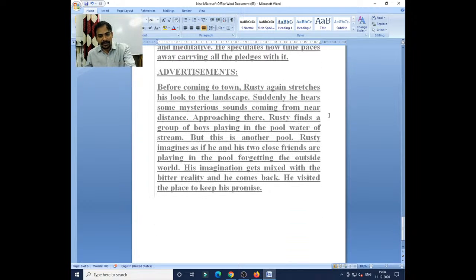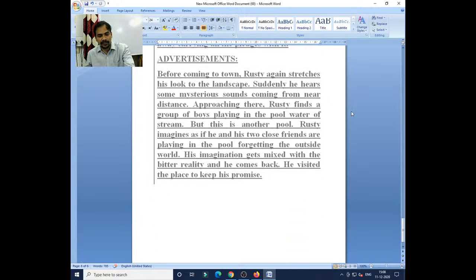You see, before coming to town, Rusty again stretches his look to the landscape. Suddenly he hears some mysterious sound coming from a near distance. Rusty was about to return actually. When Rusty went there, he had invited both the friends, but nobody came; only he was there.